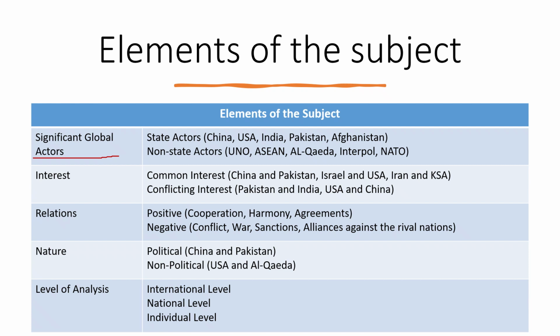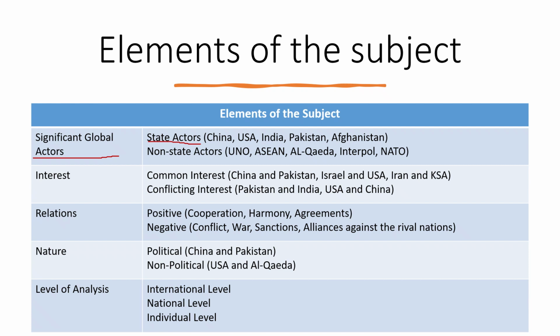State actors, it is very simple to understand. All the governments of all the countries that we have in the world today. China, USA, India, Pakistan, Afghanistan. These all are state actors. All the states. Bangladesh, Myanmar, and China, Russia, and all the state actors, Malaysia, South Korea, Vietnam, Nicaragua, Australia, all the states are state actors.